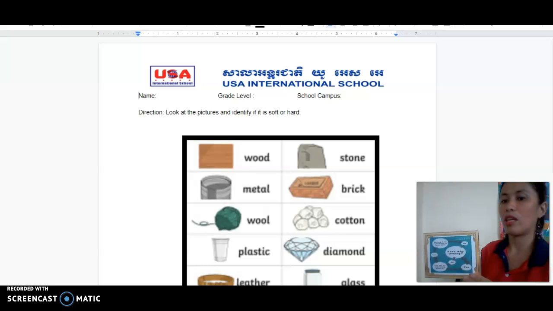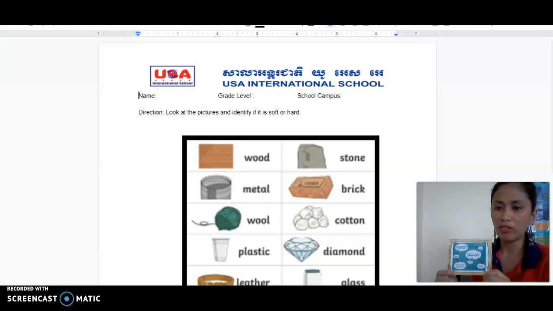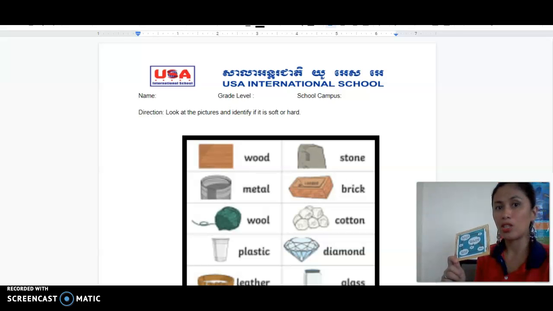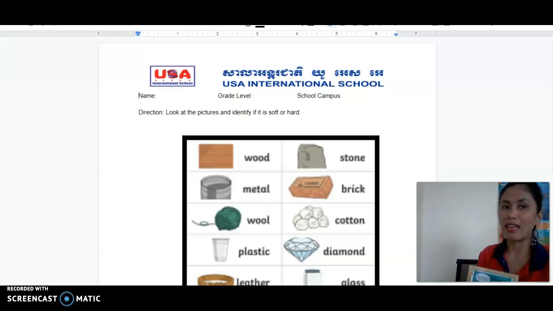This is another example of a branching tree database where you ask a question and it leads you to another question to help you think deeper and analyze things. It's also very helpful in identifying, grouping or sorting things.